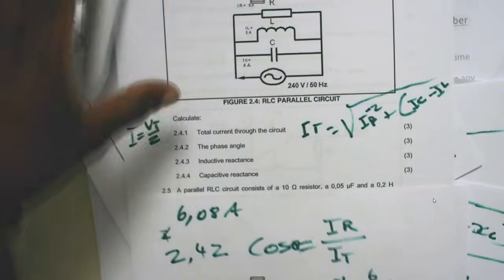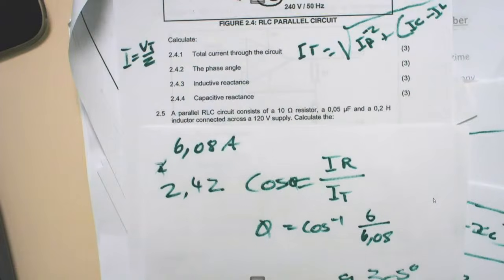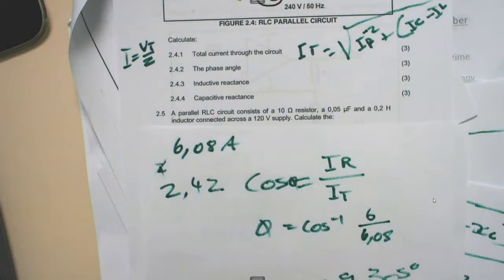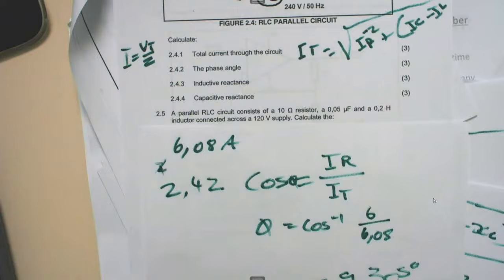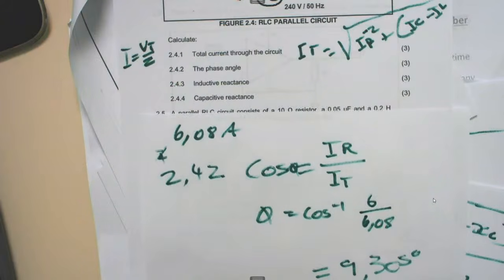So let us proceed. Here we've got to calculate inductive reactance. Normally, if you've got your current and the voltage, we are not going to use the same formula as the one that we normally use when we have inductance or capacitance.